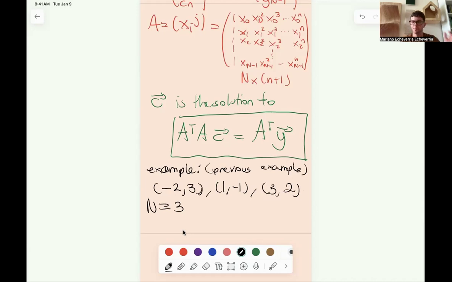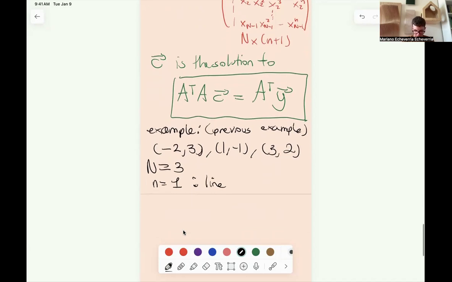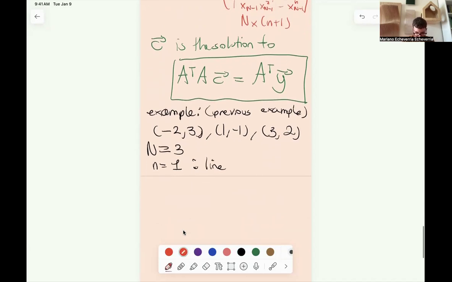I had chosen a degree 1 polynomial because I wanted to find a line. So under this notation, you construct the vector of y values. We had already talked about this. It was 3, -1, 2.